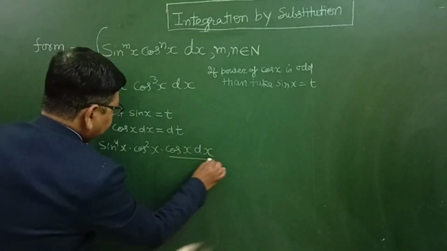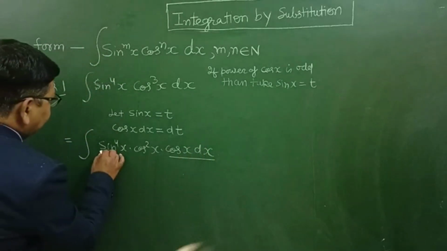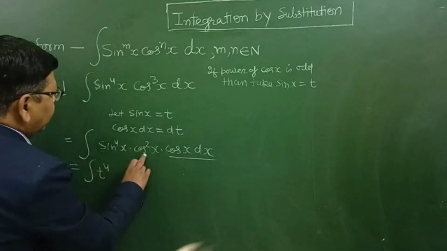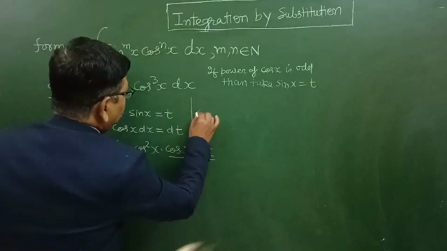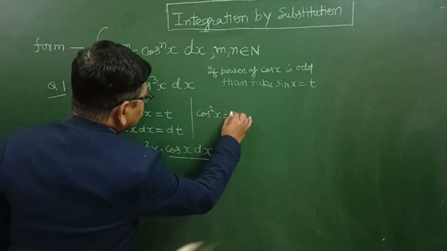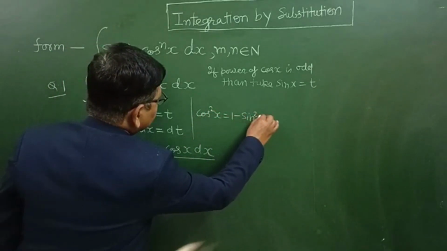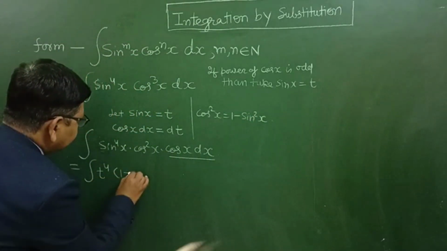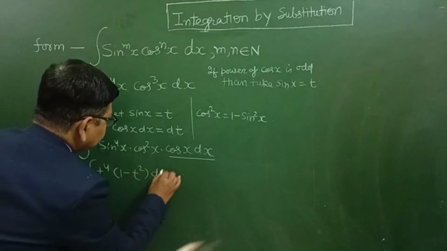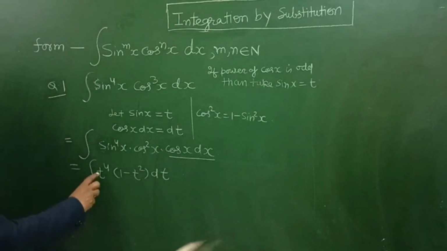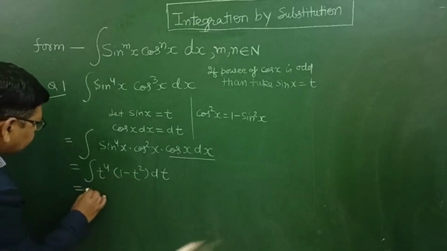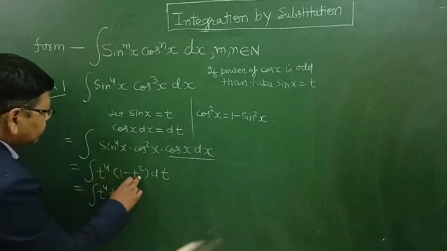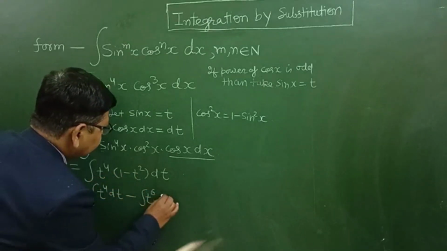This cos x dx will be replaced by dt, sin^4 x is equal to t^4, and cos^2 x is equal to 1 minus sin^2 x. So t^4 into (1 minus t^2) dt. Now multiplying by t^4 here, integration of t^4 dt minus integration of t^6 dt.